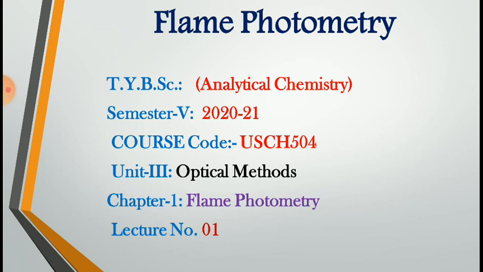So, in today's lecture, we are going to start unit number 3, that is optical methods. In the optical methods, there are two subtopics: atomic spectroscopy, flame emission spectroscopy, that is FES, and atomic absorption spectroscopy, that is AAS.